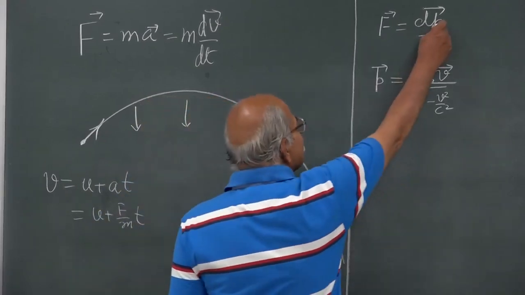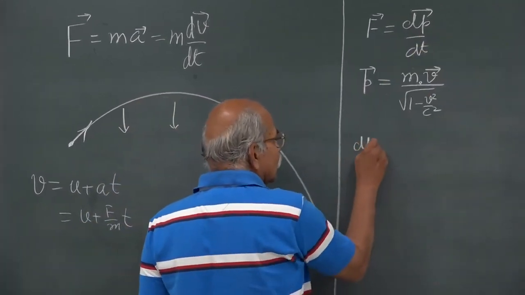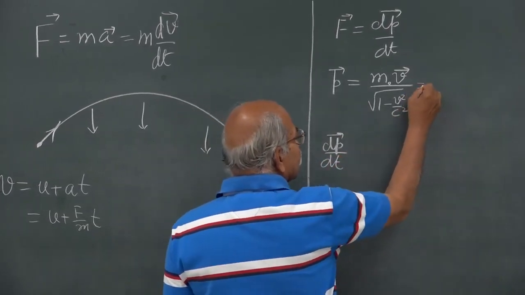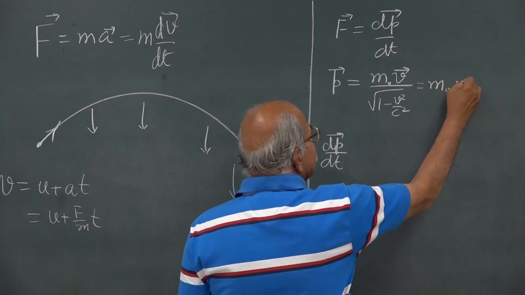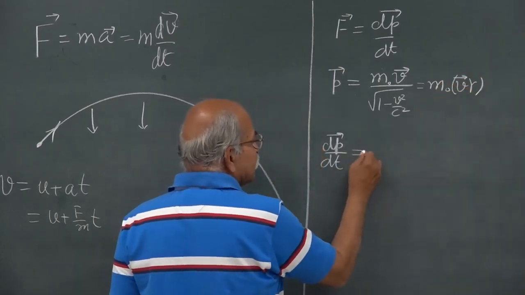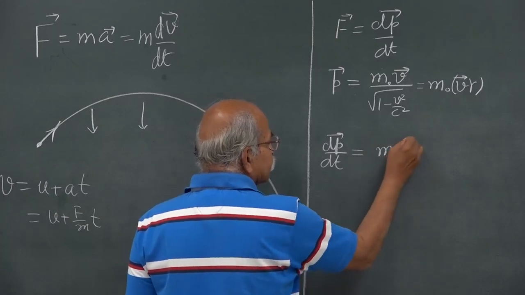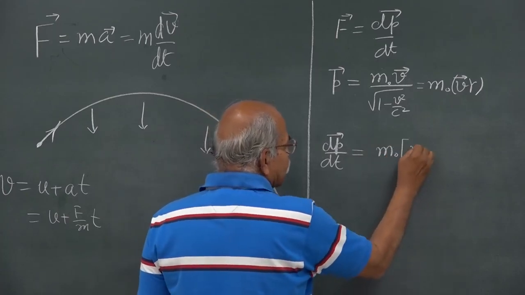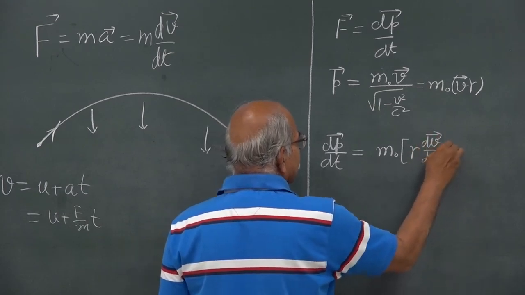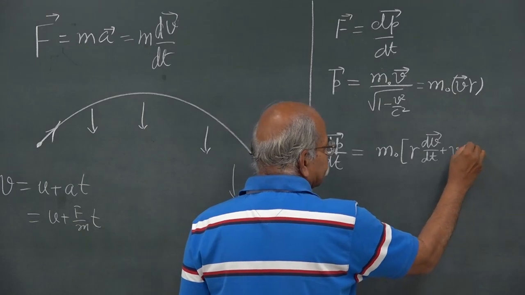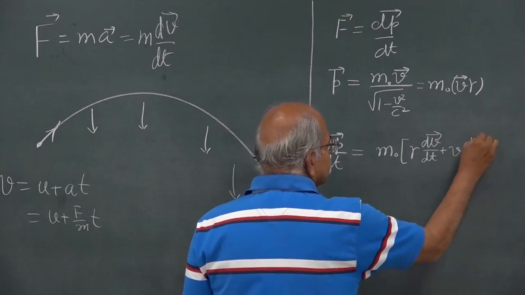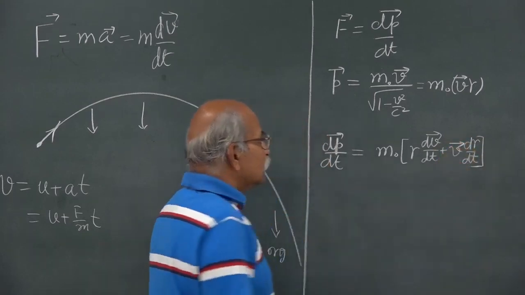So, just look at this dp/dt. Let me write p as m naught v gamma. So, dp/dt, if you write, is m naught times gamma dv/dt plus v d gamma/dt.